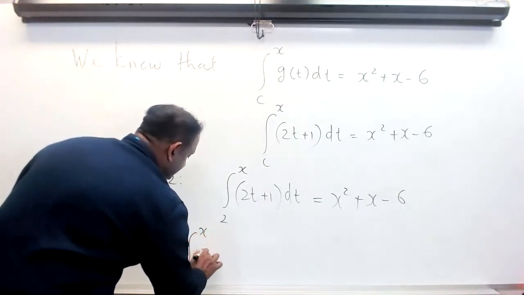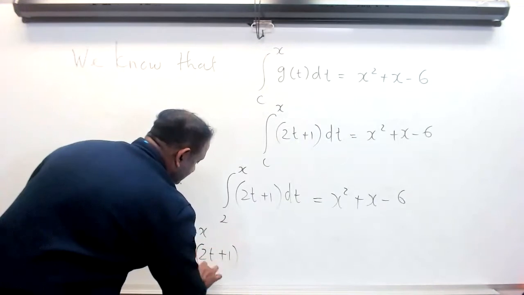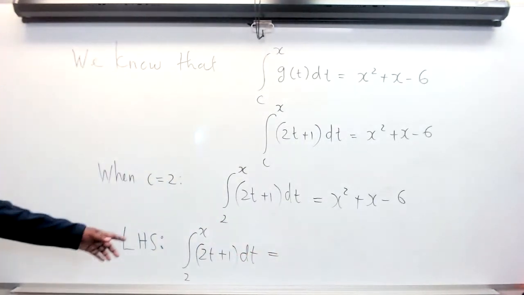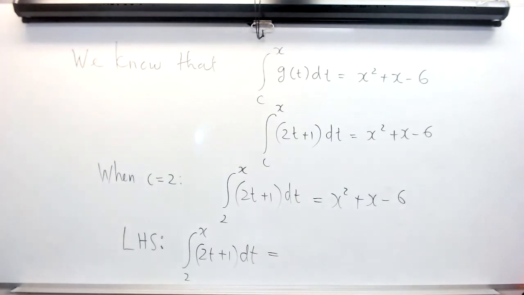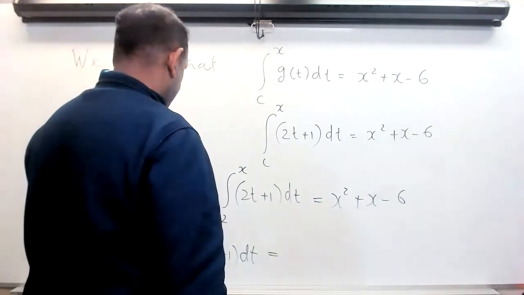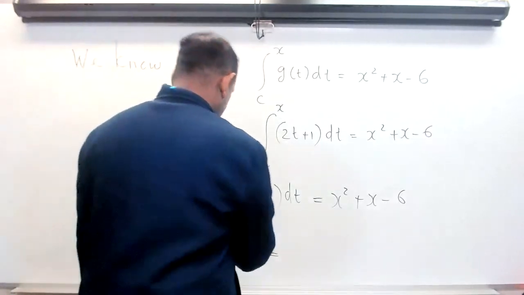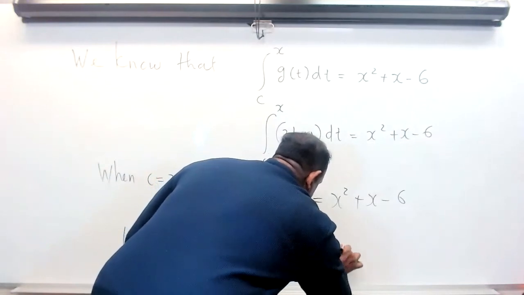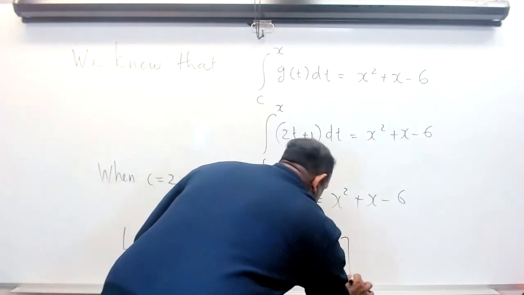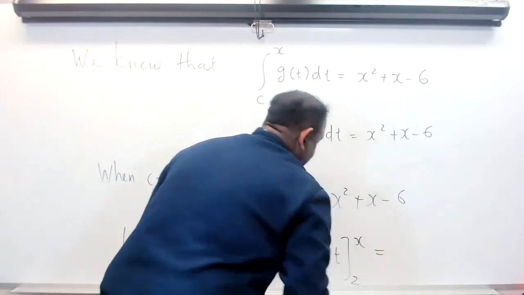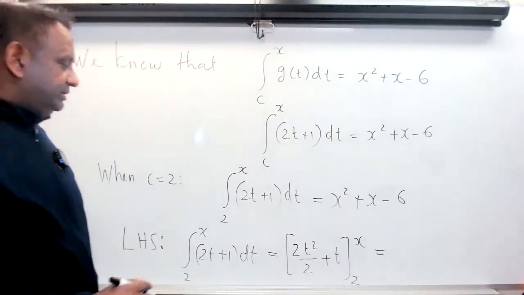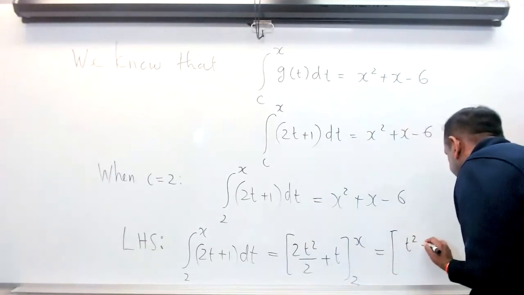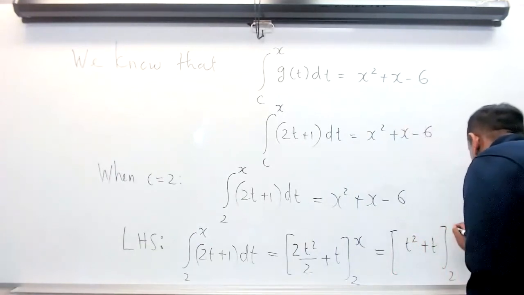Two t squared over 2 plus t, going from 2 to x. That means t squared plus t, from 2 to x.